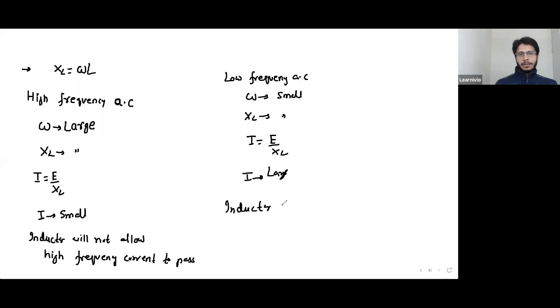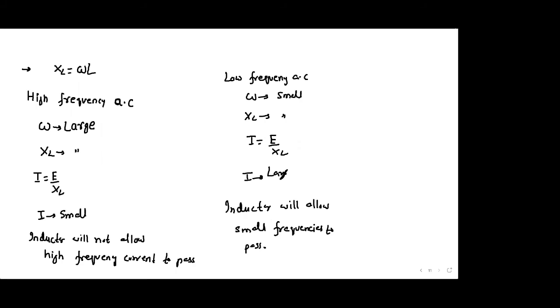Hence, inductor will allow small frequencies to pass. This is it. So inductor will not allow any large frequency to pass through it, but it will allow small frequencies to pass through it. Okay, now solve this numerical.